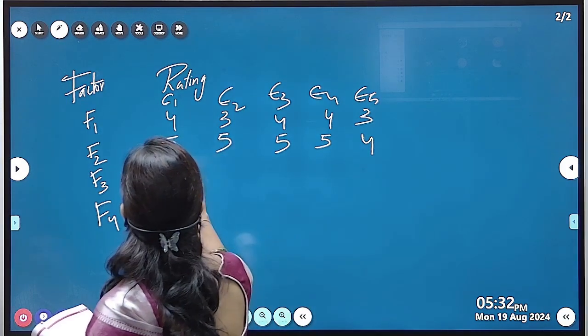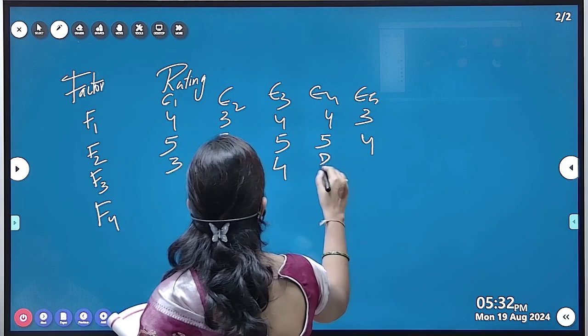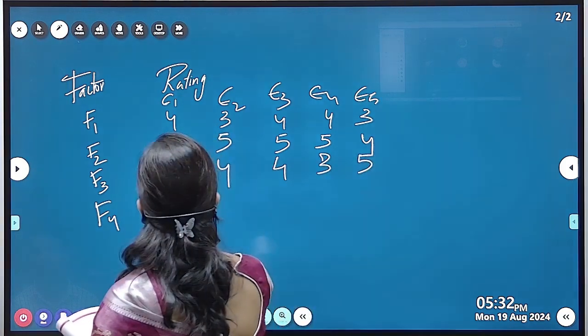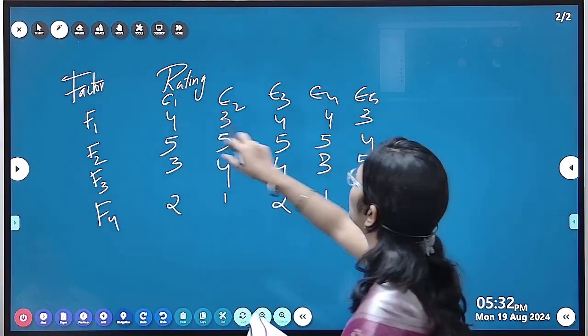Next: 3, 4, 4, 3, 5. 2, 1, 2, 1, 1. So, what is the total of this row? Tell me.